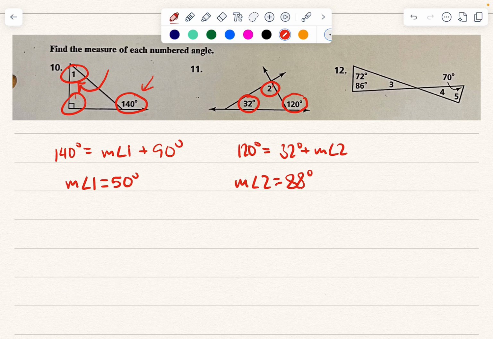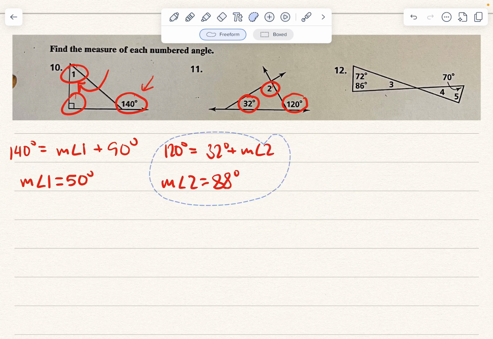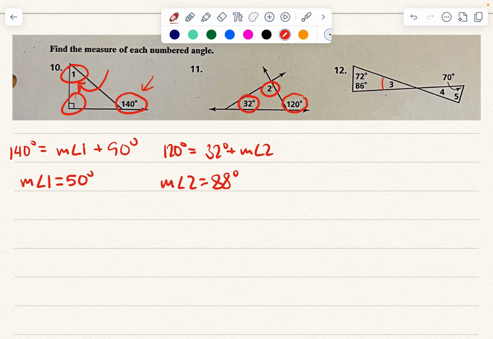All right, this next one is definitely a little bit more complicated. We can see that because there's just a lot more going on. There's a lot more numbers in this one. But it actually ends up being really simple. Okay, we can see that angle 3 and angle 4 are vertical angles. So we know they're going to be the same.